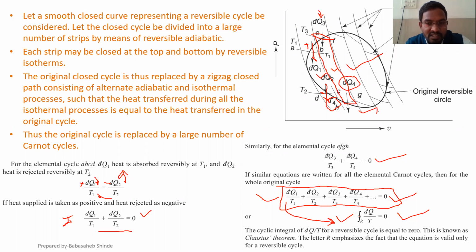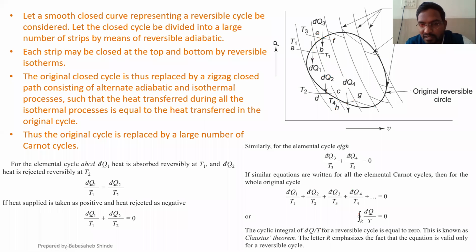Cyclic integral indicates that the dq by T relation has to be written for the whole cycle, let it be n number of stages. So ultimately you get the cyclic integral of dq by T is equal to 0, and this relation is known as Clausius theorem.